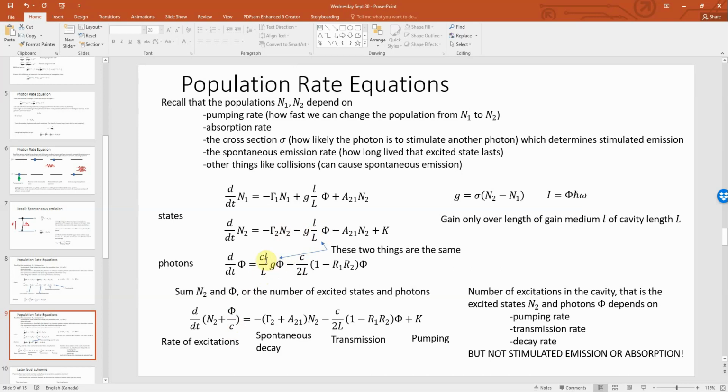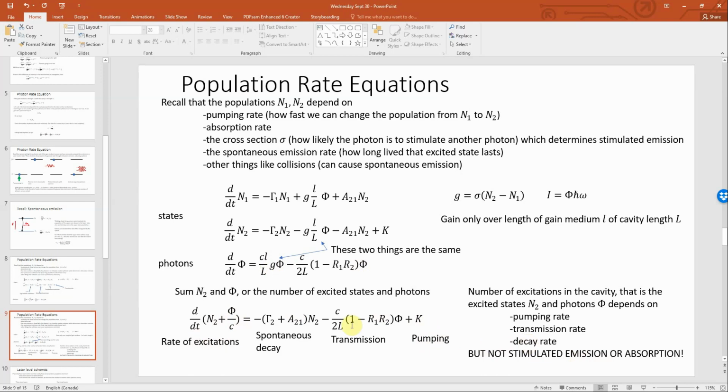And it turns out because we're pumping from state 1 to state 2, this absorption here, so this gain here, has to be exactly equal to the gain that we have of these photons. And so what that means is that the rate of these excitations doesn't depend on the stimulated emission or absorption. It depends on the pumping, but it doesn't depend on the absorption.